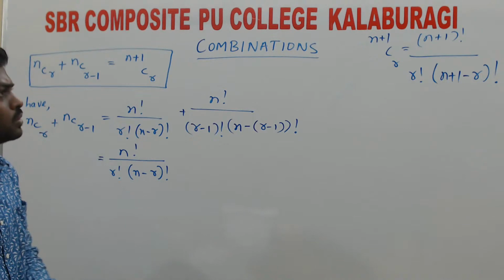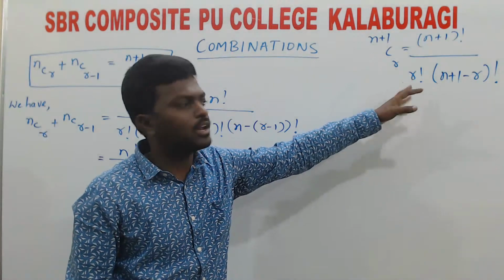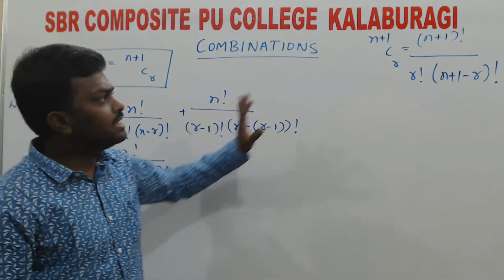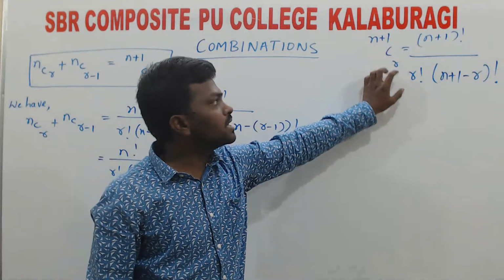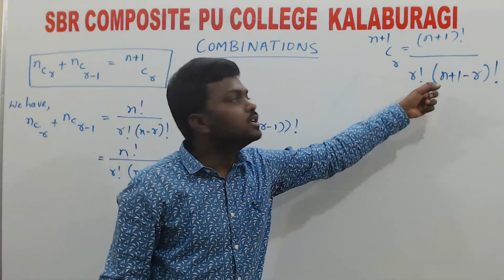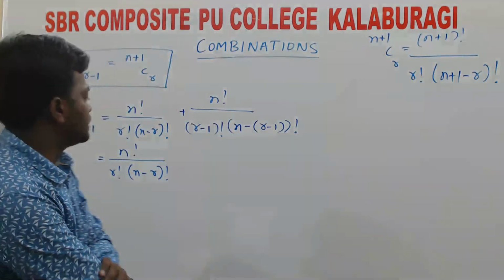I have to keep in mind the right hand side value also, so that you can keep simplifying the left hand side while looking at the answer simultaneously. What you need to get is n plus 1 Cr, you need to get it in this form. If this form appears, then it's nothing but n plus 1 Cr.